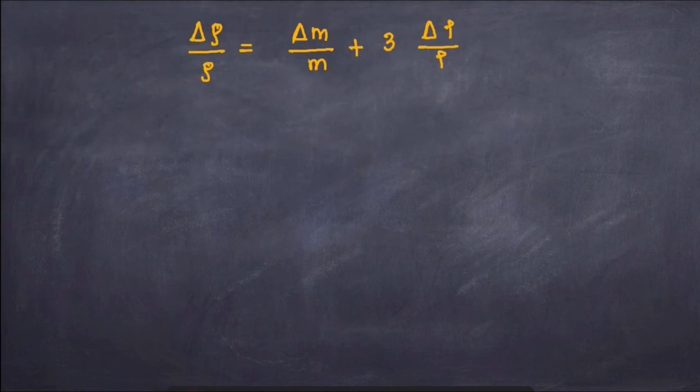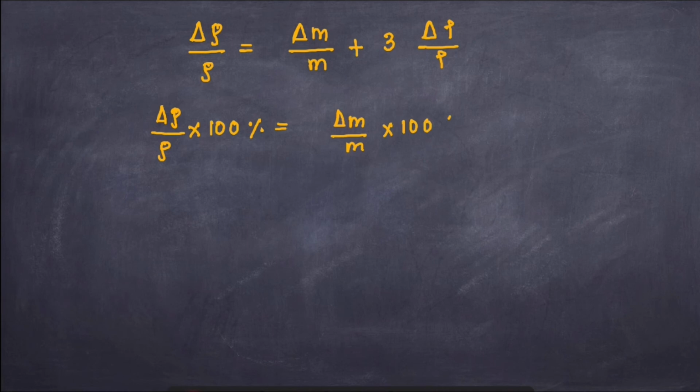If I multiply 100% with both sides of the equation, we get delta rho by rho into 100%, which is equal to delta m by m into 100% plus 3 times delta L by L into 100%.